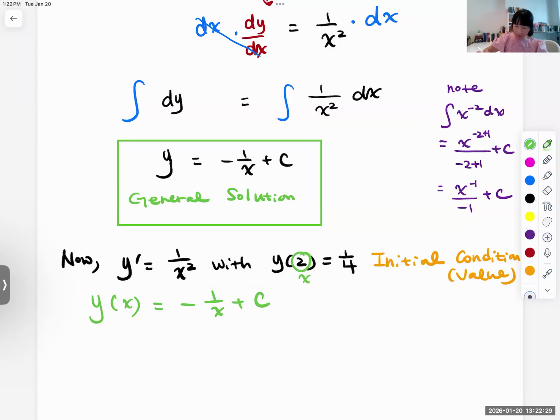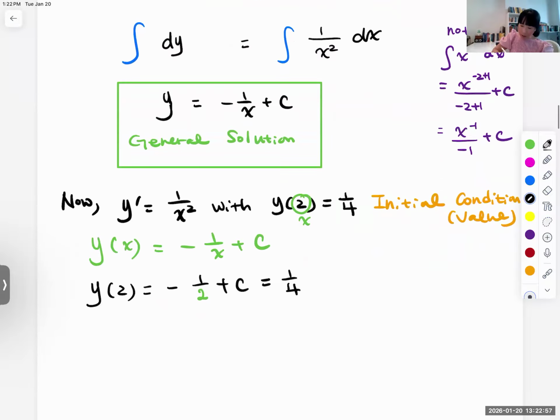Then y of 2 equal to negative 1 over 2 plus c equal to the given 1 over 4, right? Then we can solve for c.